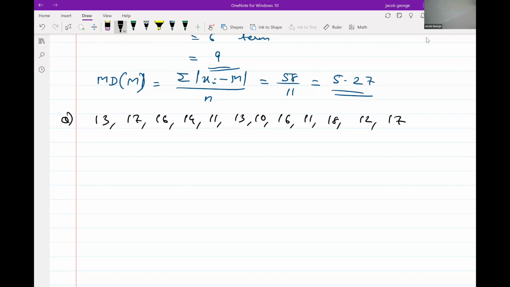How many terms are here? 1, 2, 3, 4, 5, 6, 7, 8, 9, 10, 11, 12. 12 terms are there, right? 12 terms. Okay, what is the first step?